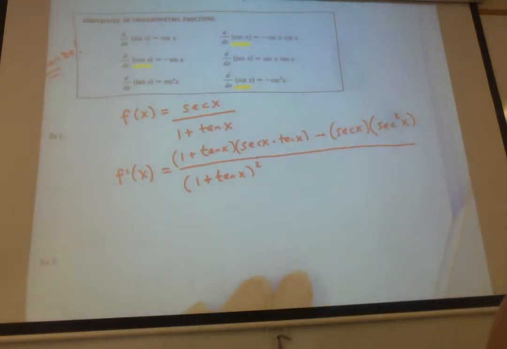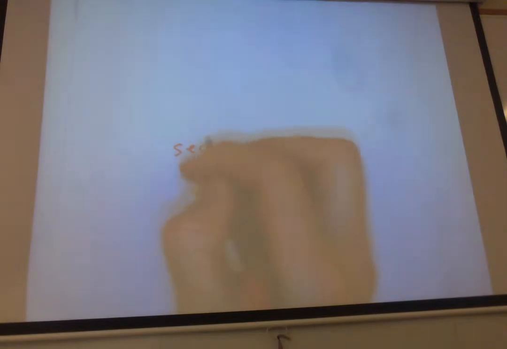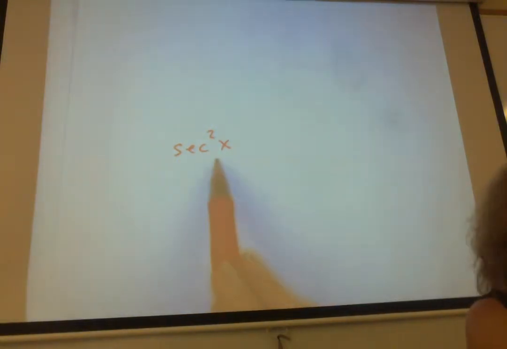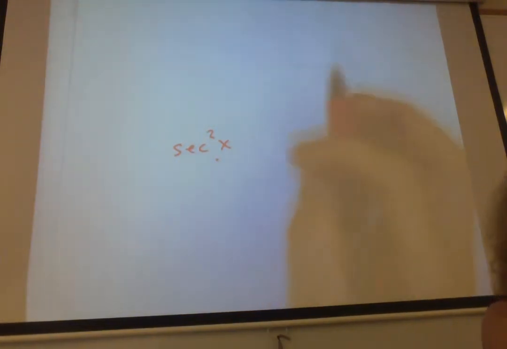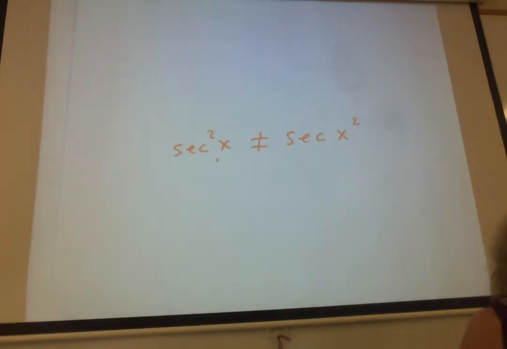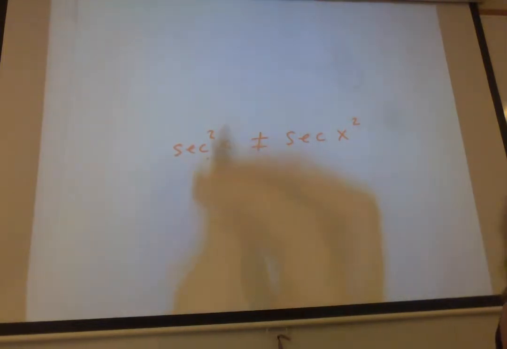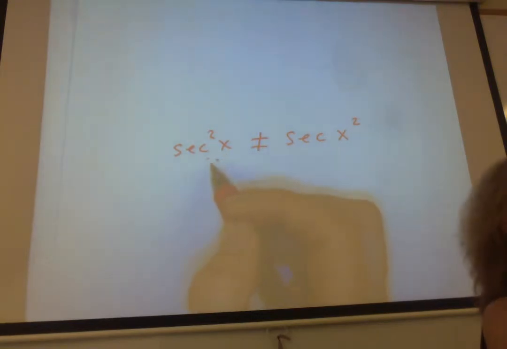Okay. Now I'm going to stop just for a second. You don't have to write this down in your notes, okay? But I want to remind people, this is not the same as this. If you do want to put this in your notes, you can. But these are not the same thing. When I write it like this, it really means secant x is being squared.